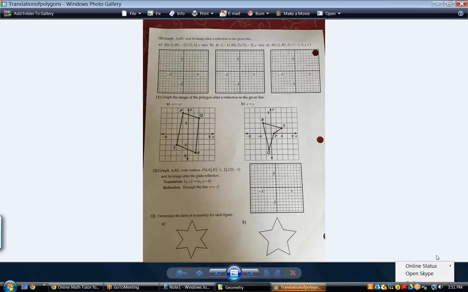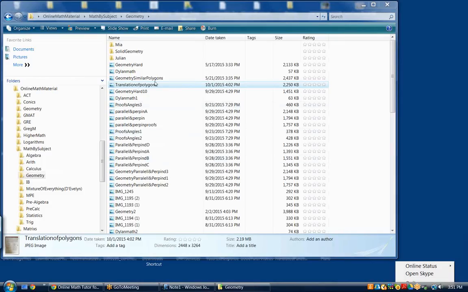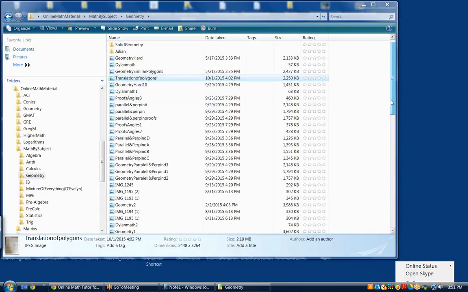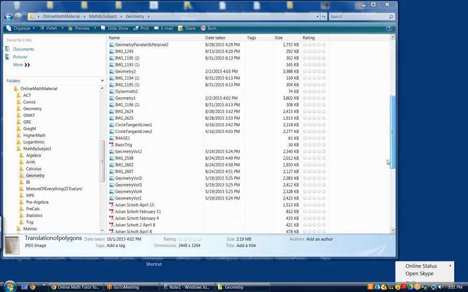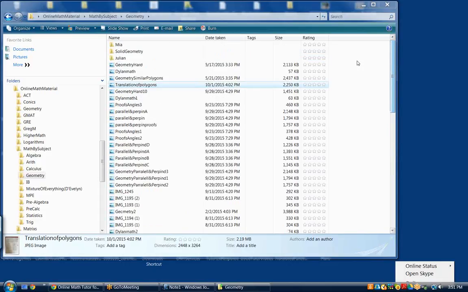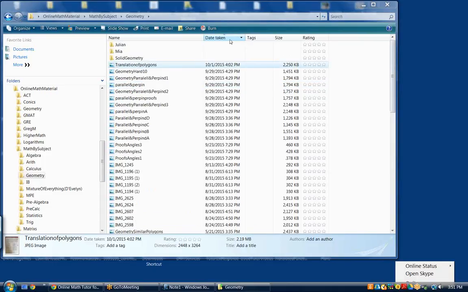Why don't you take a picture of your material that you want to cover and send it to me real quick. Let's see, that was 10-1. That's the only recent one I have on translations of these polygons.